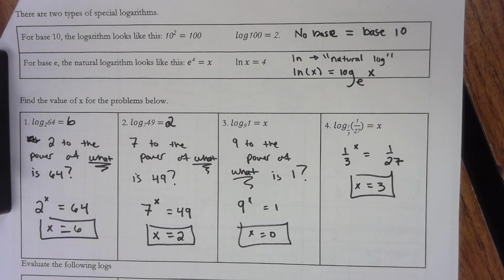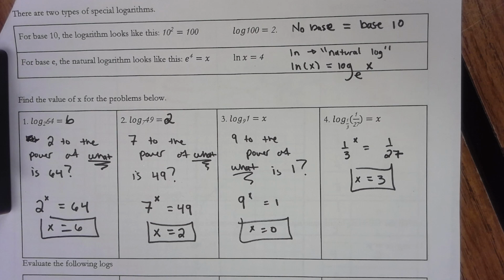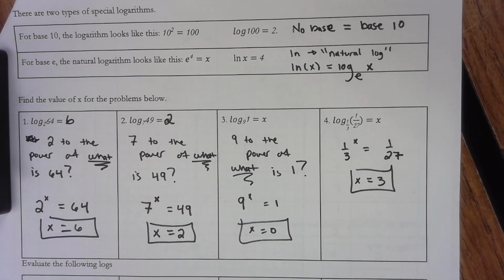All right, number 3. When I see log base 9 of 1, in my head I'm thinking to myself, 9 to the power of what is 1? 9 to the power of 0. For 4, the fraction, because we're asking 1/3 to the power of what is 1/27th, I'm really just thinking about 3 to the power of what is 27, and that would be 3.